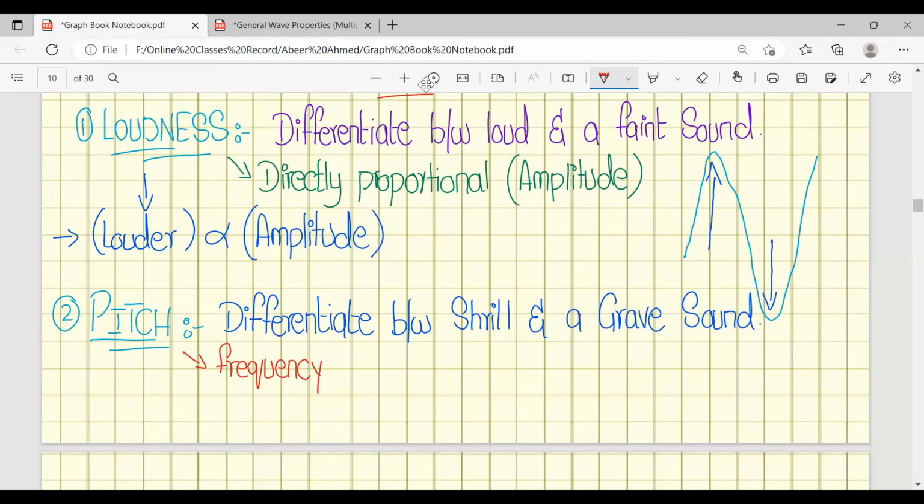So if we increase the frequency, will the sound be shrill or grave? Shrill, yes, very good. Shrill means a sharp sound or sharp noise.